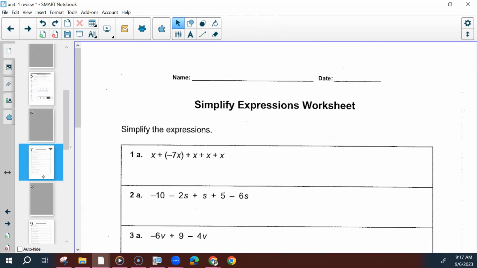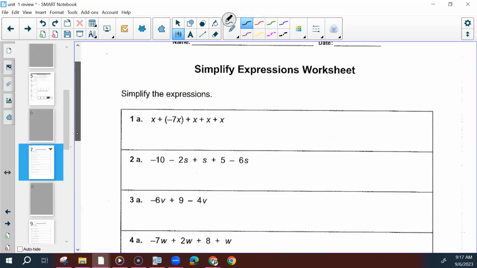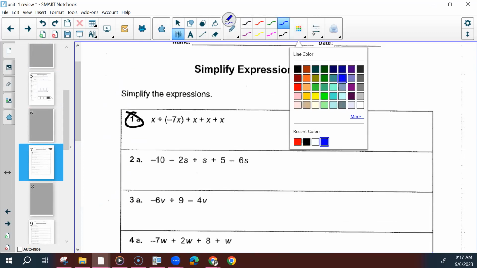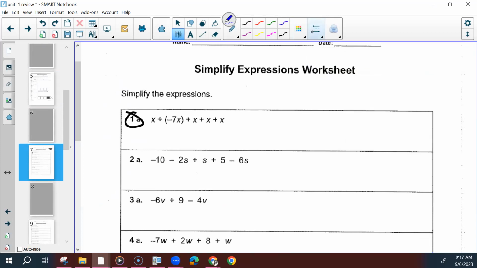One. Right. In these, you don't actually need to show this work, but I'm going to write out what you would do. Here, these are all like terms. You have to remember there's an invisible 1 in front of all of them. So you would be combining every single one.